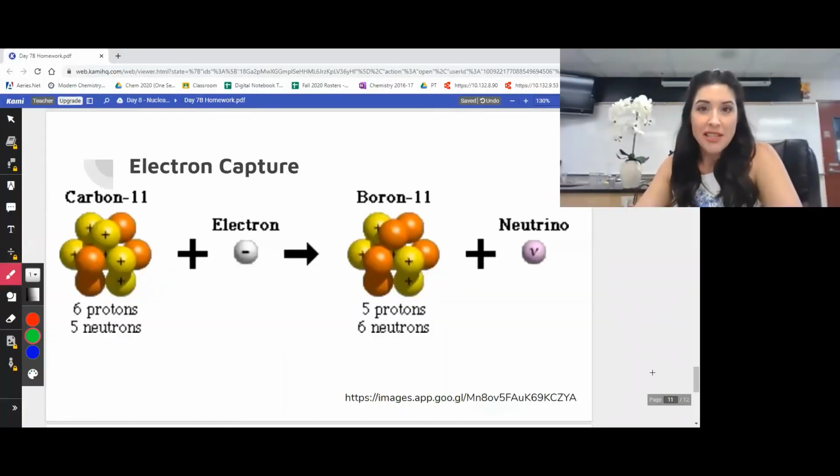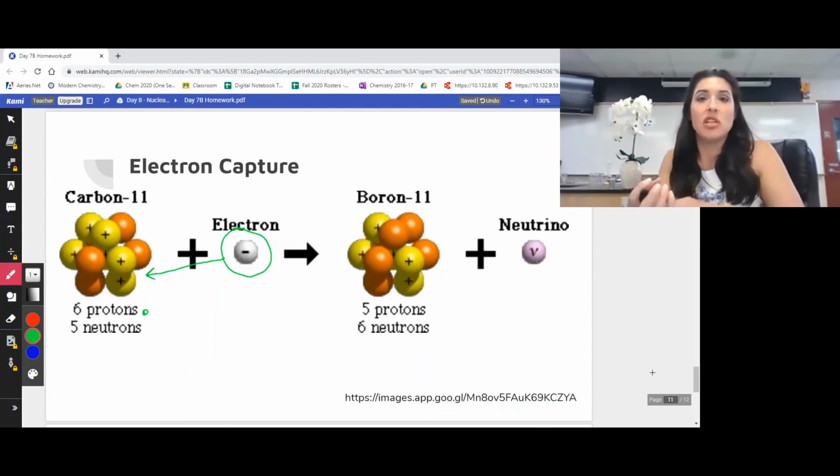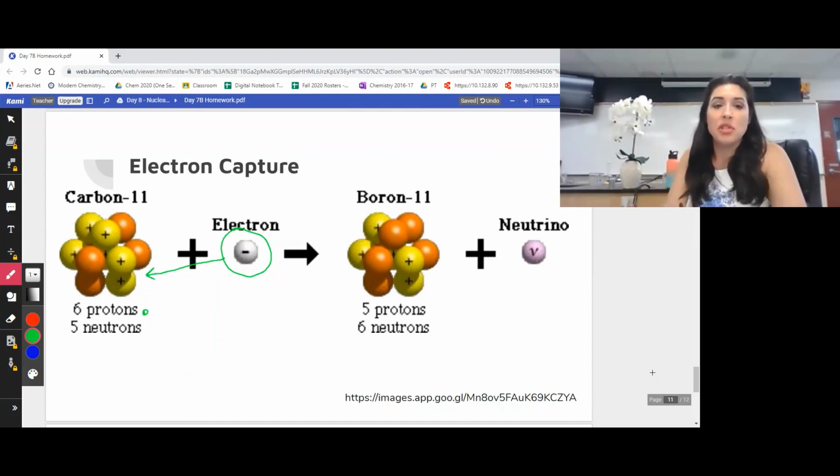Our final example of radioactive decay is called electron capture. And by contrast, this is an instance in which an electron is absorbed by the nucleus and combined with one of the protons here. And when you take that negatively charged electron and that positively charged proton and you combine them together, the result is overall neutral.